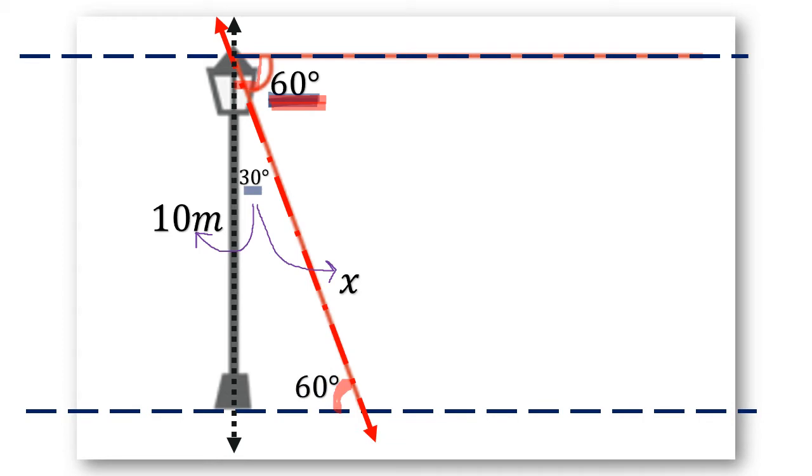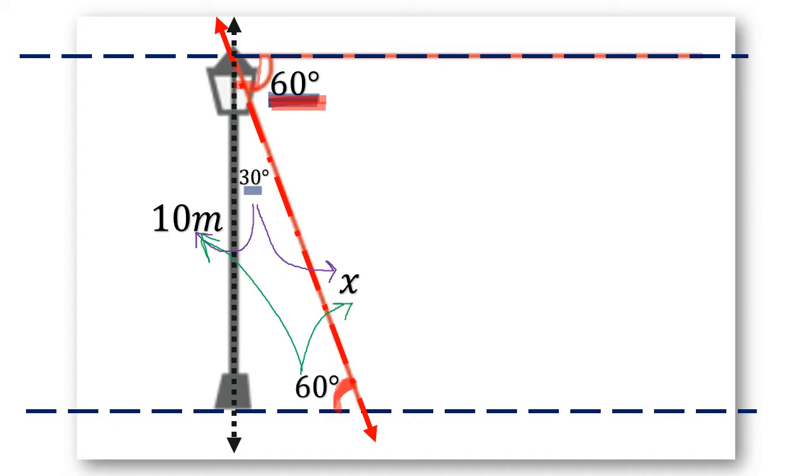So now, if we consider this data and identify the relationship of the rest of the details, we can say that 10 meters is considered the opposite side of the 60-degree angle, and x is considered the hypotenuse as well.